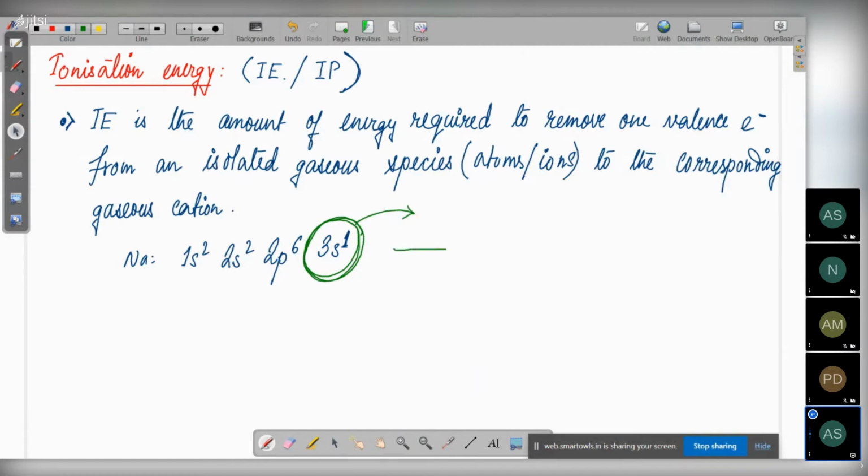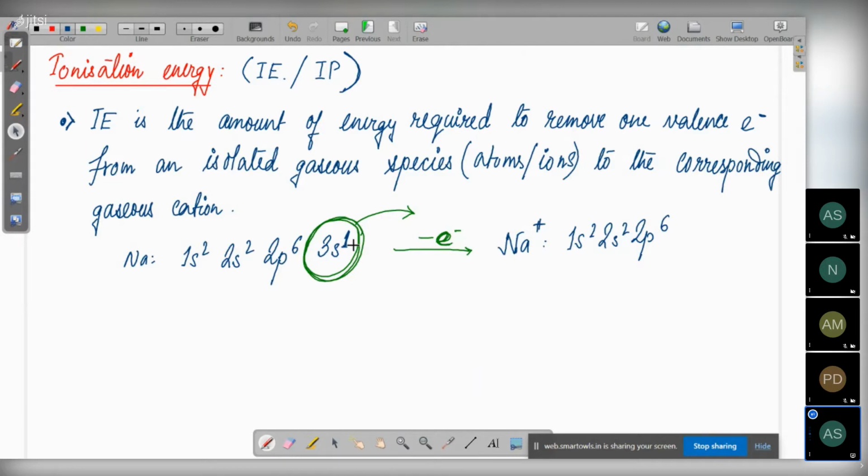So now what will the configuration become? Minus one electron, so it will become Na plus. A cation will be formed, Na plus, which will have 1s2, 2s2, 2p6. The last electron has been removed.